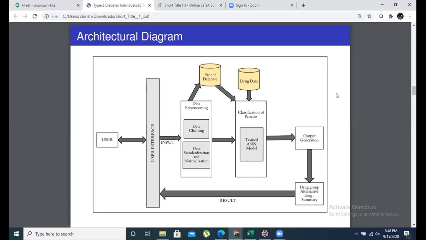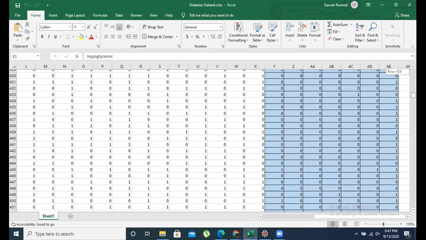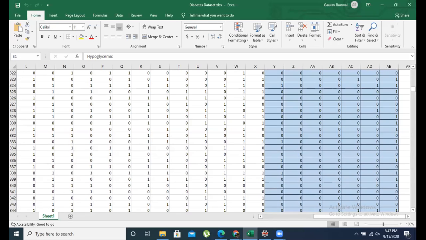And this is a labeled data set, so it has 7 labels or classes, which are the output attributes. These are namely the 7 drug types, which are metformin, SGLT2, GLP-1, and so on. Currently our data set holds around 2,400 records, and this data set took quite some time to be made, but it was a necessary step for us to take.